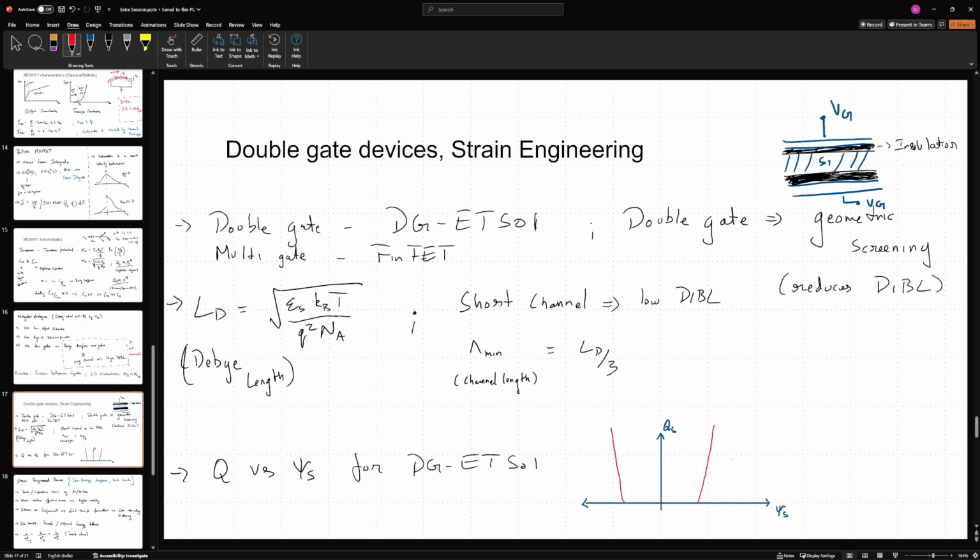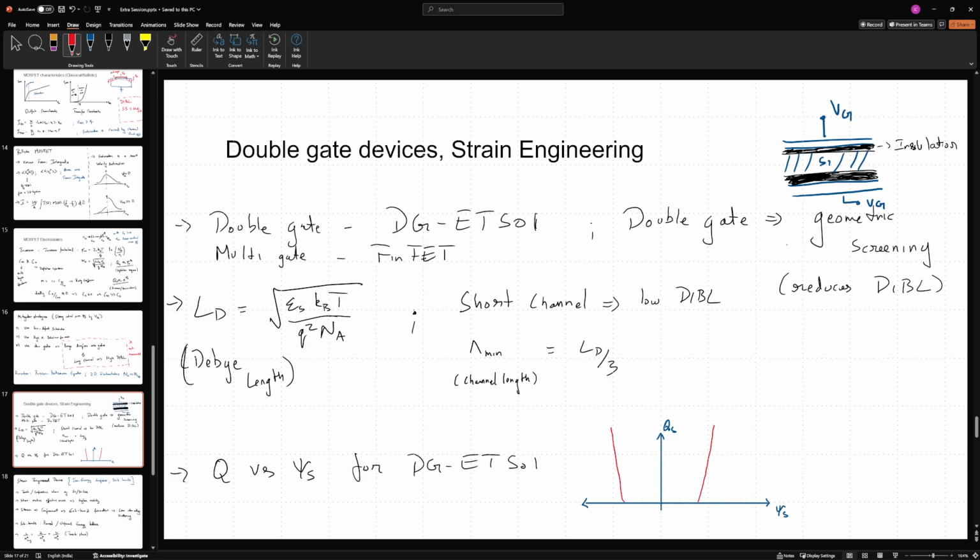So it's going to be identical on both sides. So I can actually bias these gates in any way I choose when I have a double gate device. This is true for every double gate device, but the thing that we had a good amount of discussion on is the extremely thin double gate silicon on insulator MOSFETs.